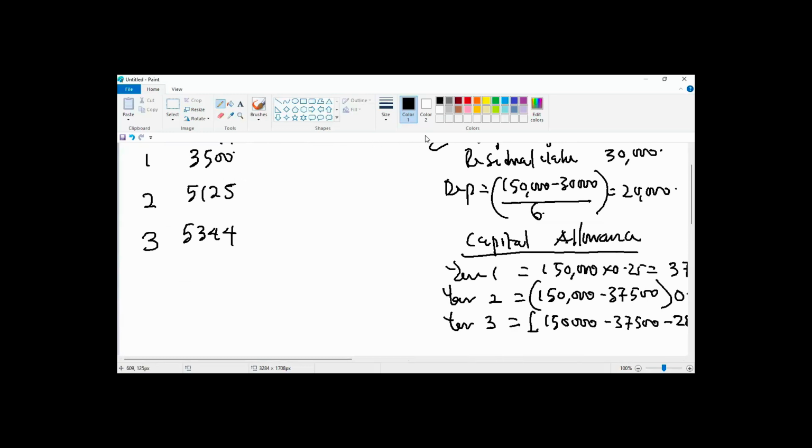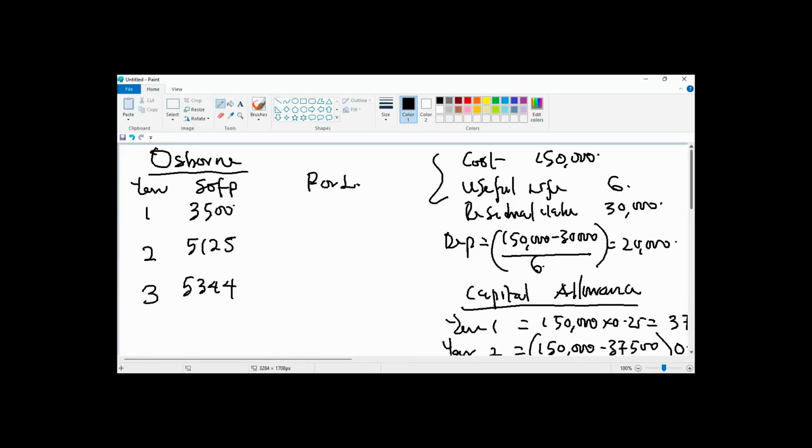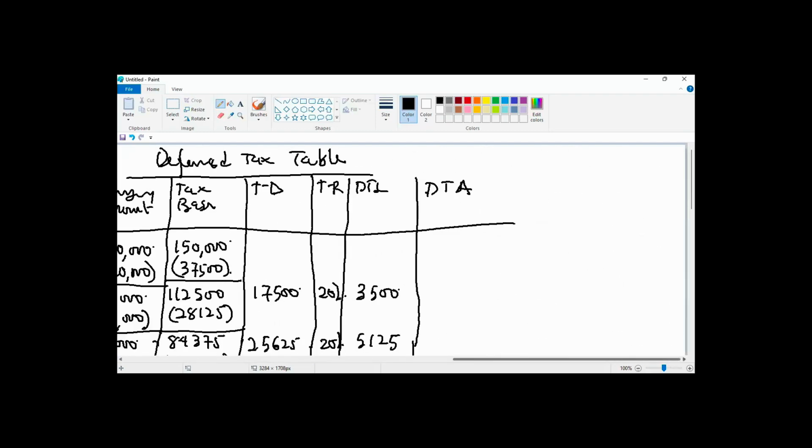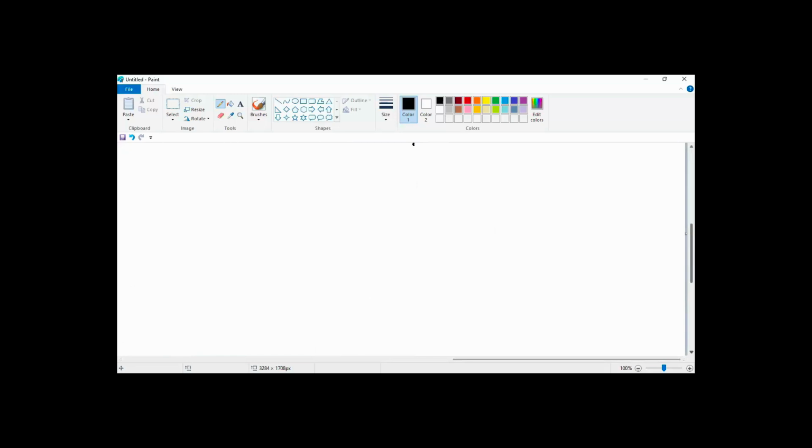This is it. How do I get the one that goes to the P or L? How do I get the P or L? I can easily do that. Let me now say movement of deferred tax to P or L.